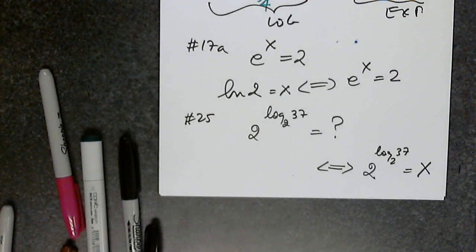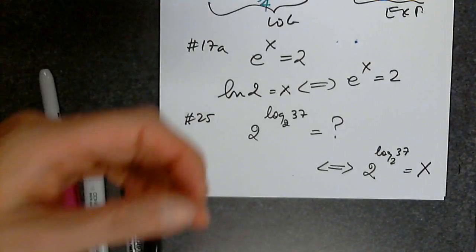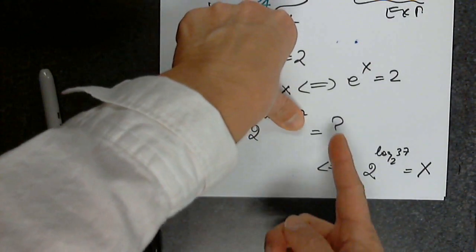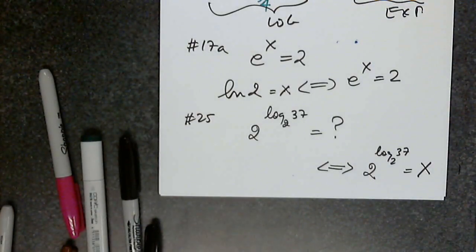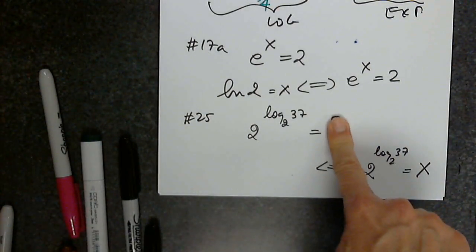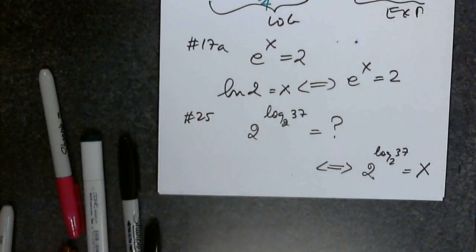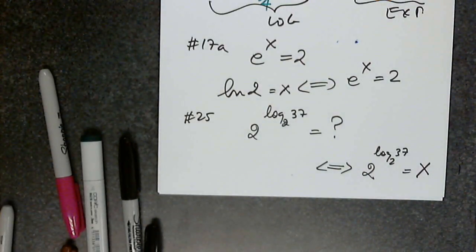I want to change this exponential equation that I just created. I created it how? I just said 2 to this base is a number. I don't know what number. So I created an exponential equation by saying I don't know what this is. That's all I'm saying. Now I want to change this exponential equation to a log equation.